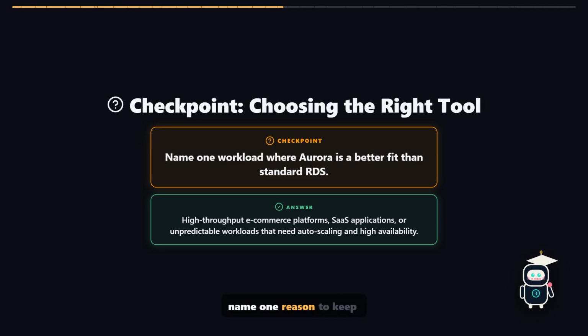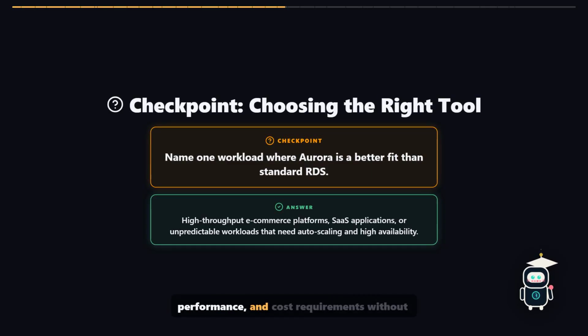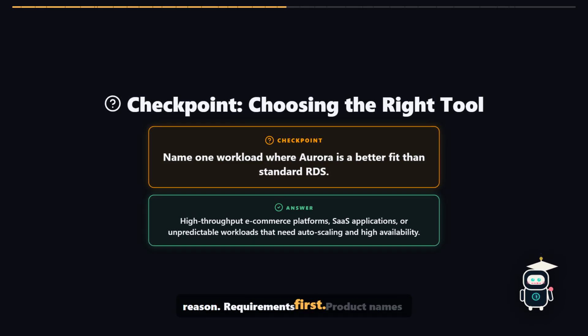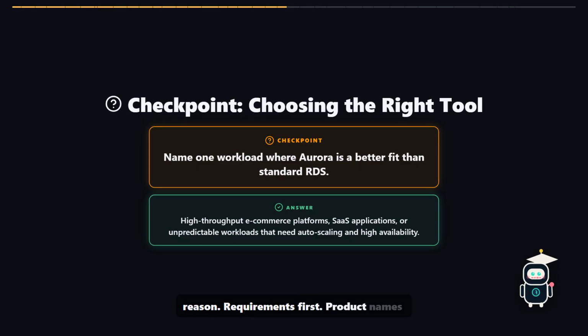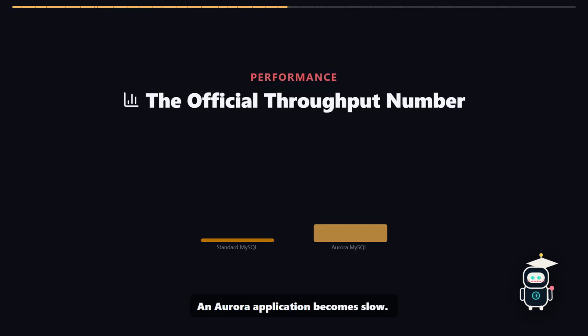Now name one reason to keep standard RDS. A steady workload that meets its engine, availability, performance, and cost requirements without Aurora-specific capabilities is a strong reason. Requirements first, product names second. An Aurora application becomes slow.